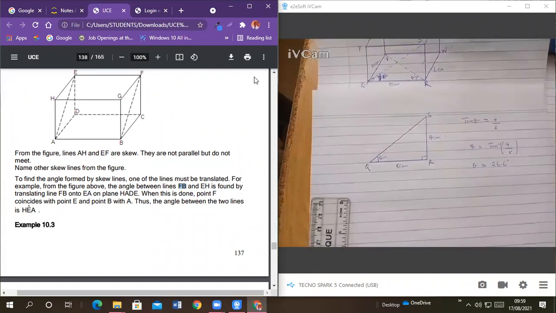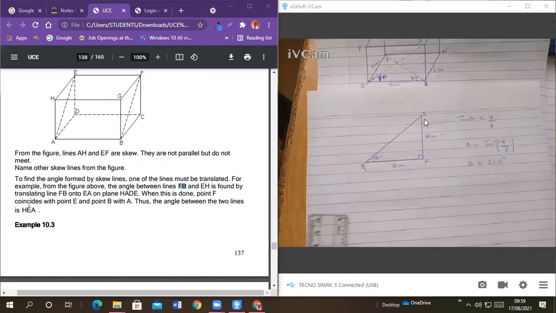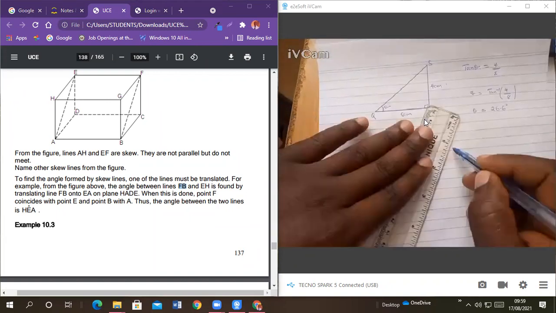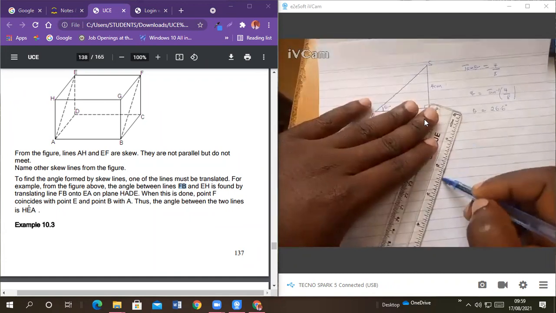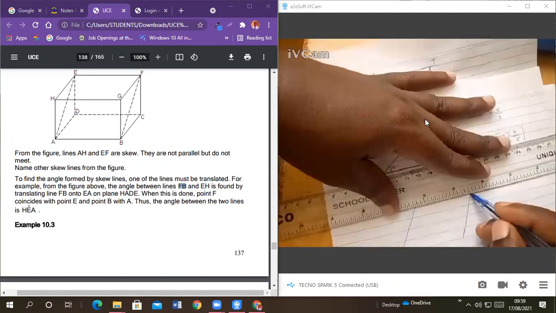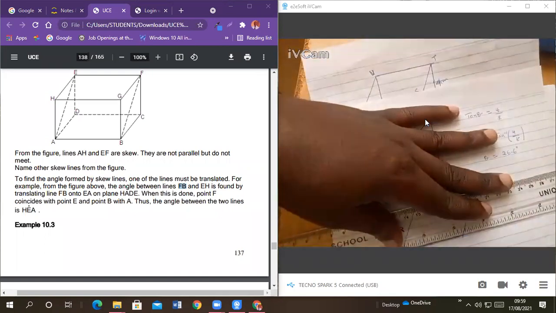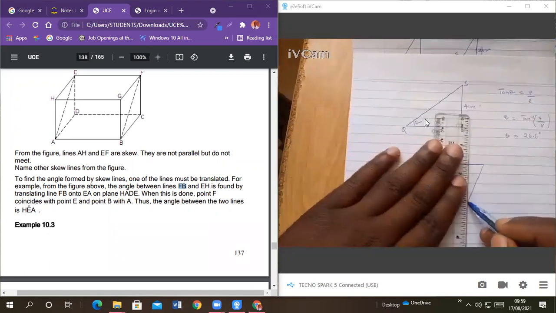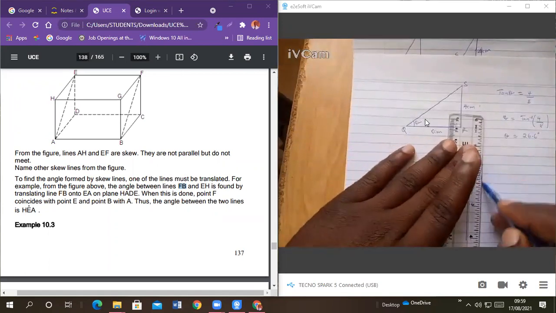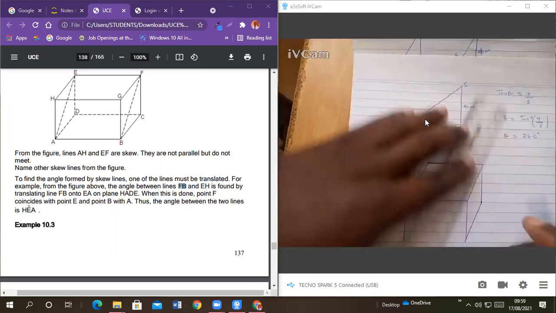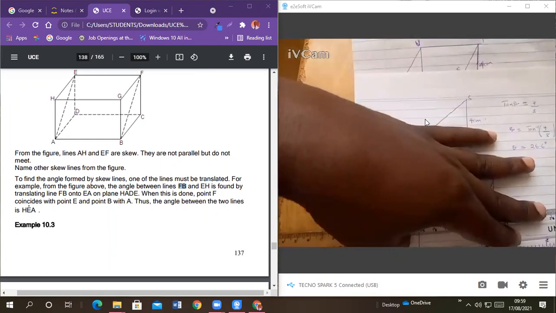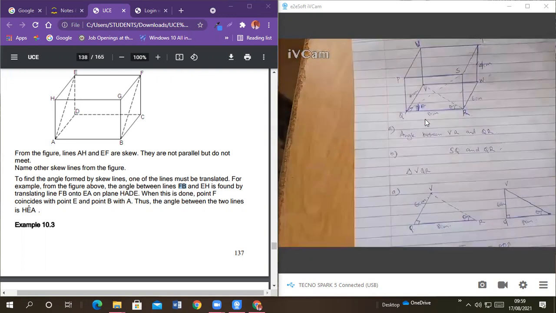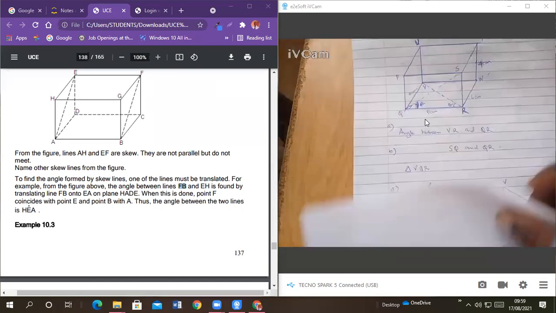Okay, let me try to draw that figure and then explain what they mean there. So here, with skew lines, to find the angle between those two lines, we have to shift one of them onto another line such that those two lines meet. That's what they are talking about. So the lines have to meet by shifting. I'm trying to be very accurate. I don't want things which are not accurate.